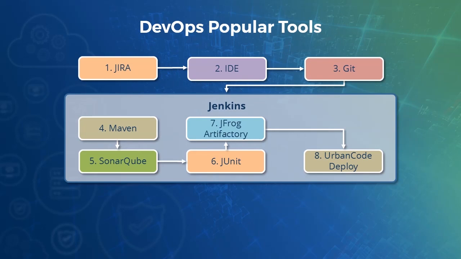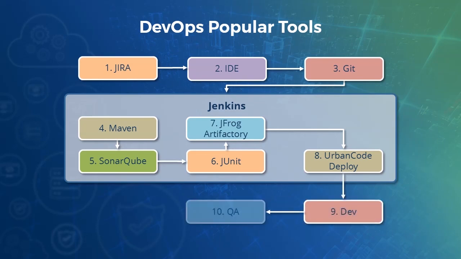JUnit is used to facilitate unit testing. JFrog Artifactory is used to store the build artifacts, and Urban Code Deploy to facilitate and manage continuous deployment. We can use Urban Code Deploy to deploy the codes in various environments. This includes the deployment, QA, and production environments in order to release the product for end users and business owners.